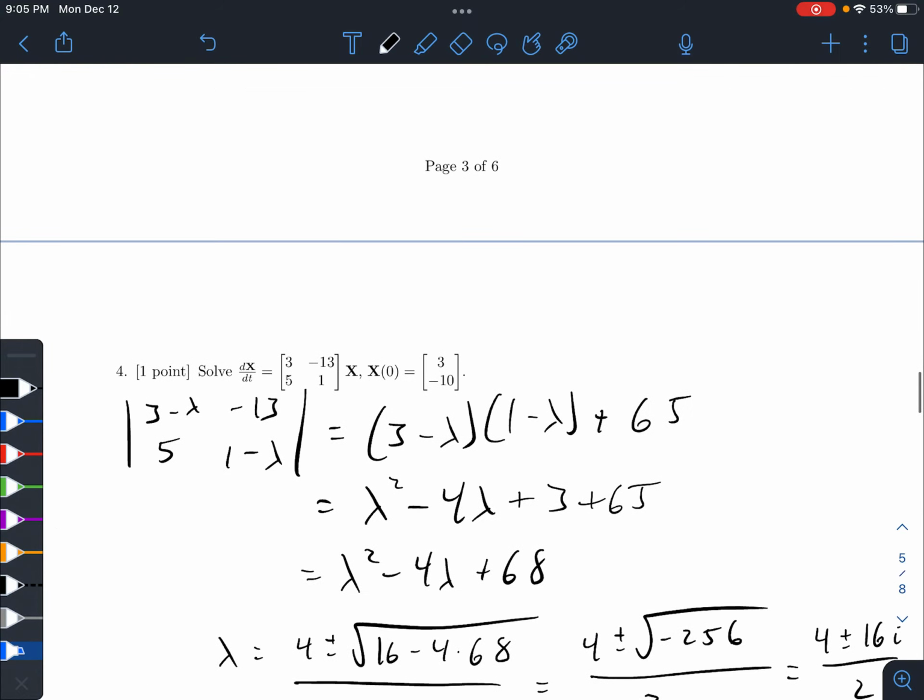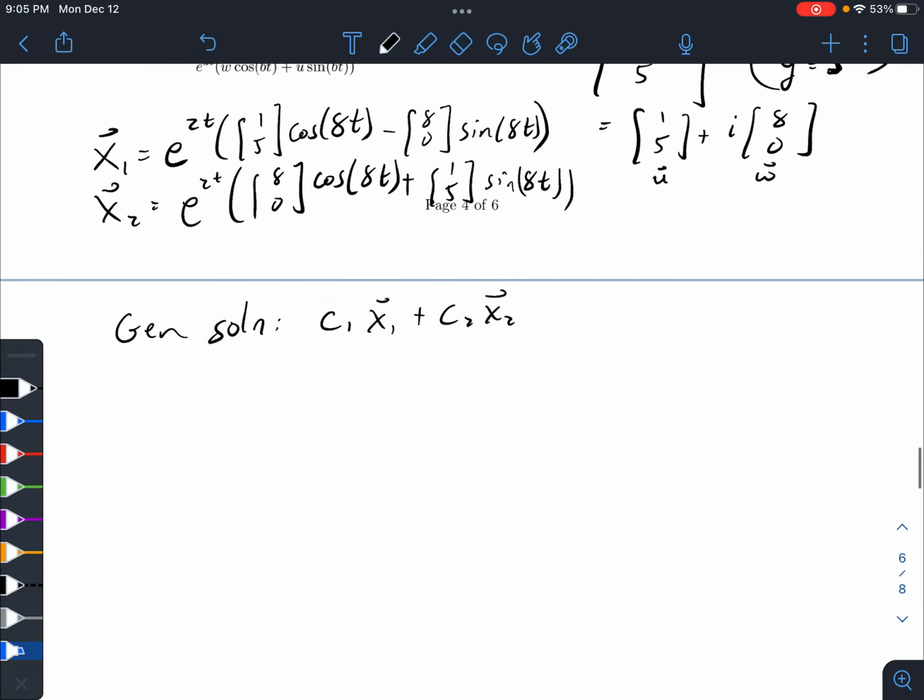And we need to satisfy x of 0 is (3, negative 10).